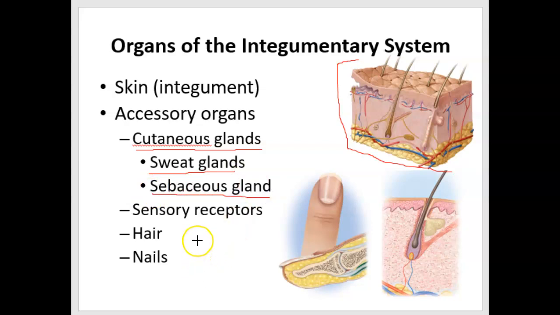In addition, deep within the skin are sensory receptors for things like temperature and touch, pressure, tickle, that kind of thing. Other accessory organs of the integumentary system are the hair and nails, which are not part of your study question.